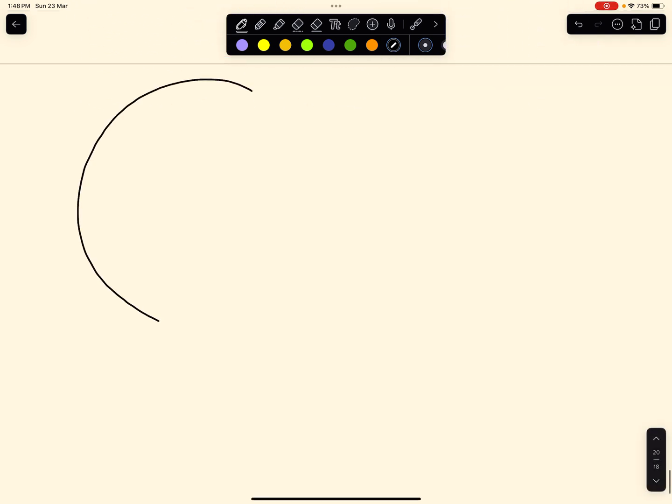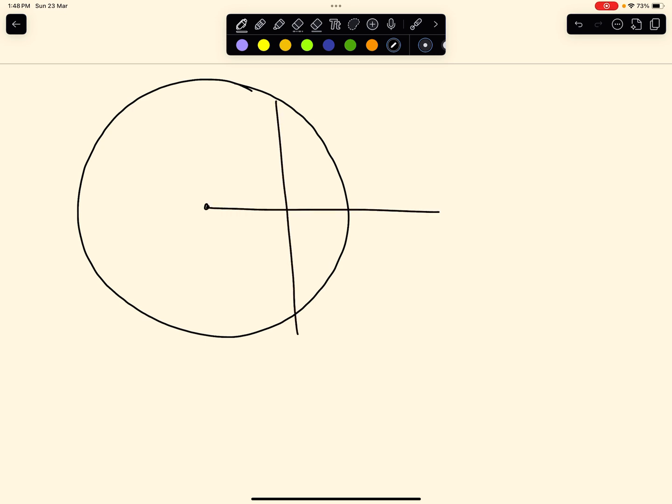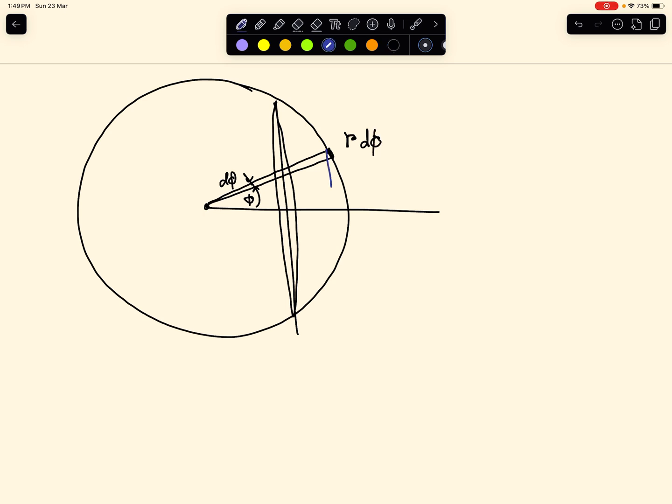So now if you have a sphere, with the center of the sphere, and you cut a certain part of the sphere, we are going to find out the area. For that, I need to take a certain angle phi here, and also d phi. Now take this small length, so it is r d phi, where r is the radius.